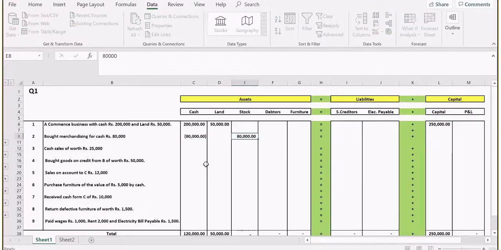So this means 80,000 rupees of cash is going out of the business and 80,000 stock is coming in the business. Again, the left hand side is equal to the right hand side, and that is why we see this entry is correct.